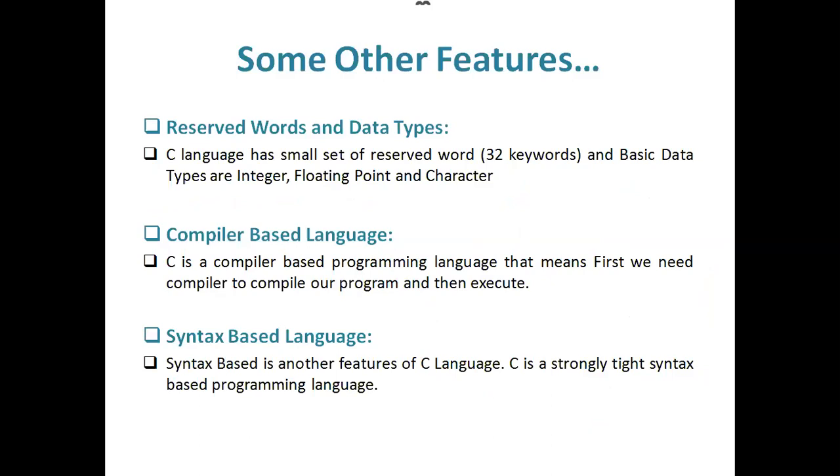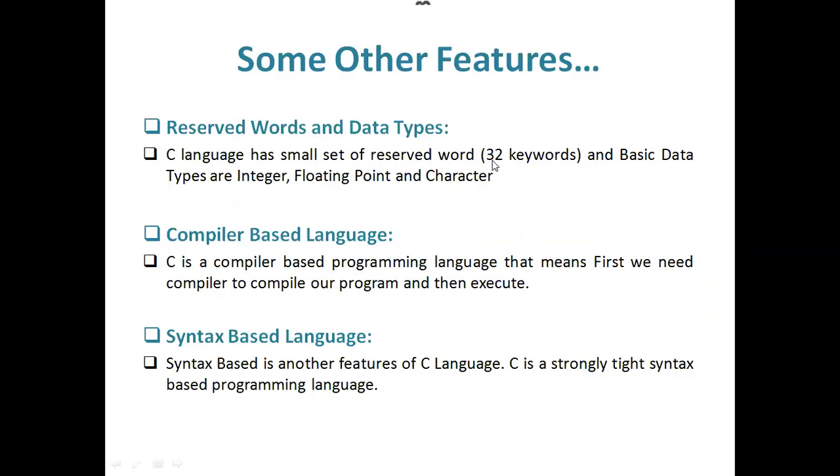But there are some other features as well, which I would like to tell you. The first is that there are some reserved words and data types in the C language. C has a small set of reserved words, which we can also call keywords.